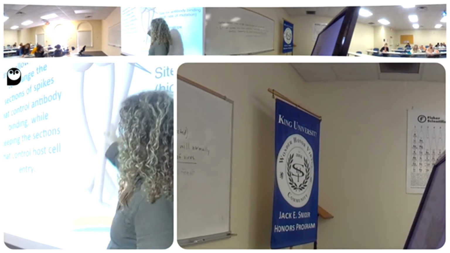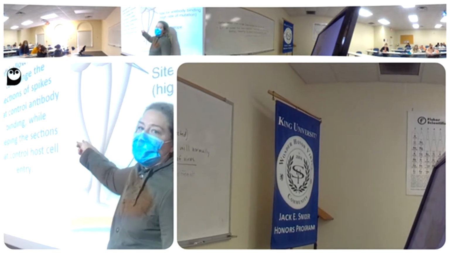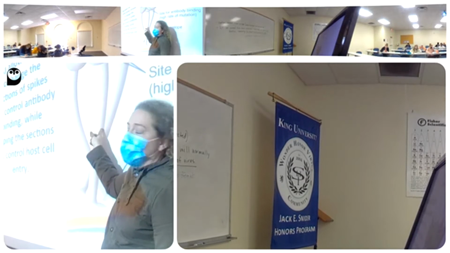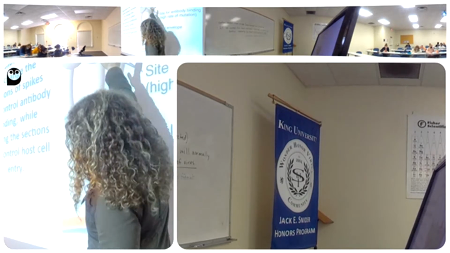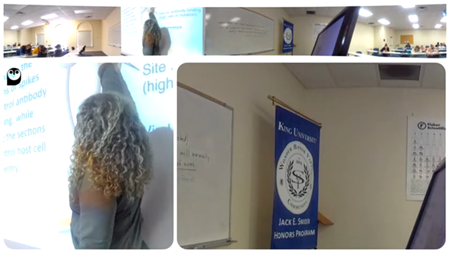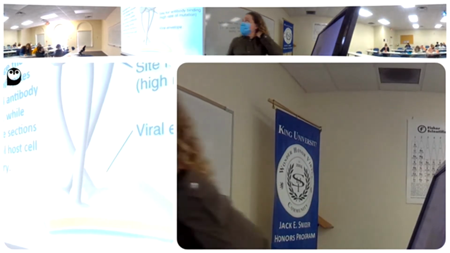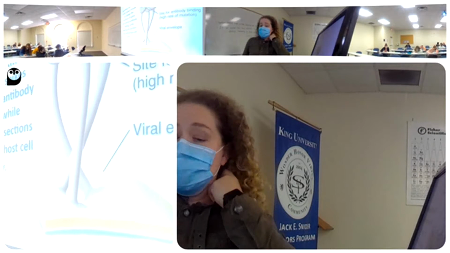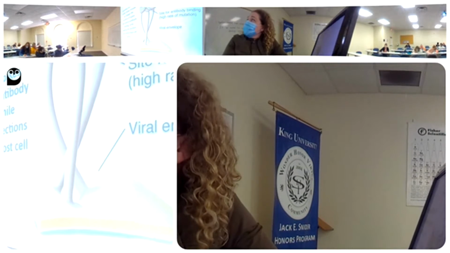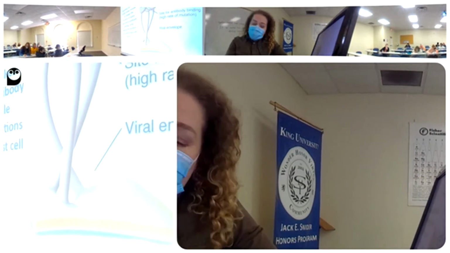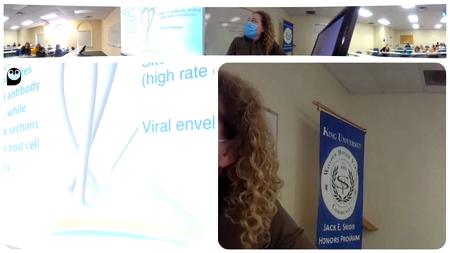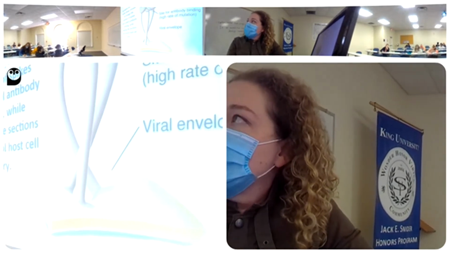So see how there's 3 of them? This would be a trimer protein, and it's sticking out from the envelope. And up here is where it would be attaching to human cells. So something up here would be attaching onto the human cells and letting this virus into the human cells.